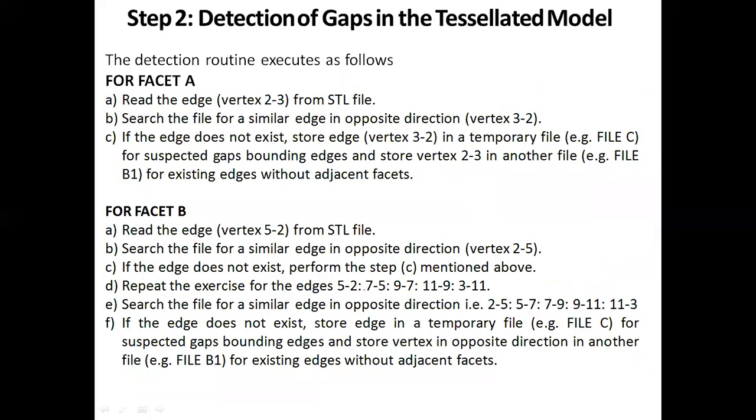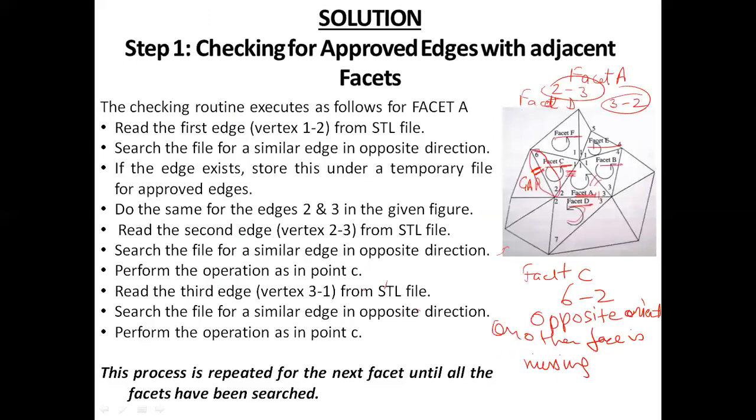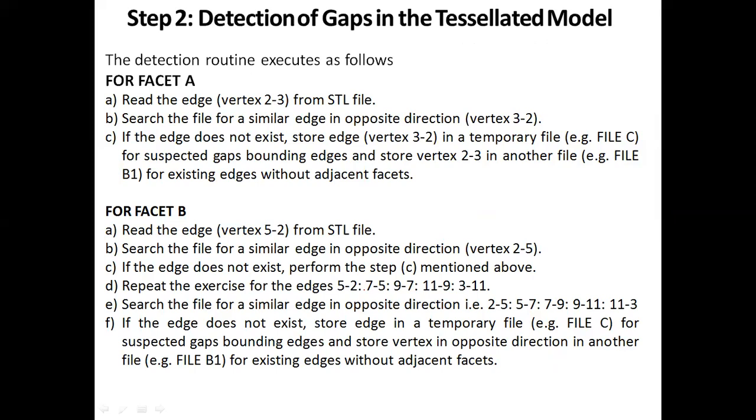So now what we will do is we will keep checking for all the facets like this. For every facet we will check, and we will store the information in two different files. So we have one file which is called file C, and we have another file which is called file B1.